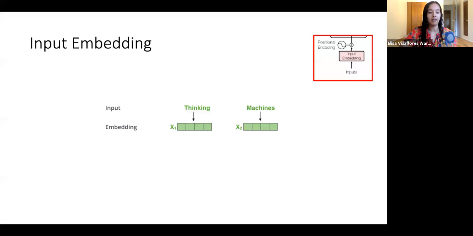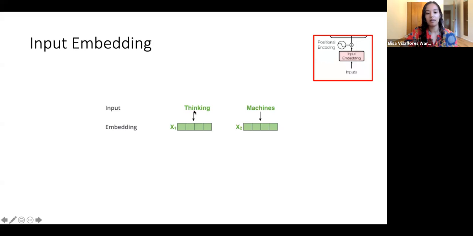To understand what a token is, we can imagine that we have a dictionary, let's say of 10,000 words. And one of these words would be the word thinking. And so whatever position of this word in the dictionary, that index would be the token of this word. So now we've turned a word into a single number.